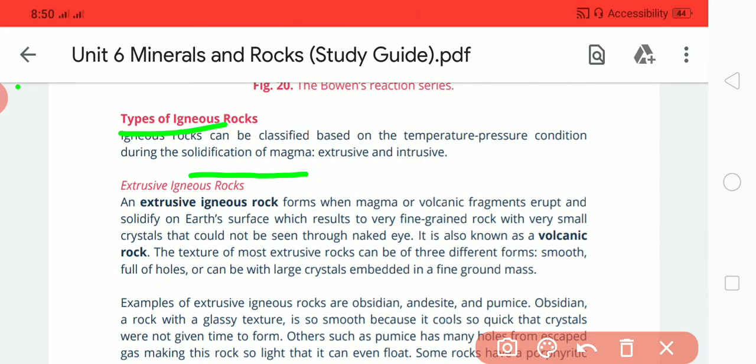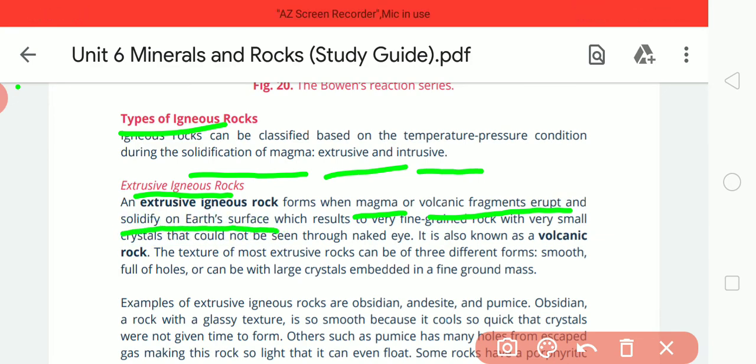So we actually have extrusive and intrusive. Now, extrusive igneous rocks form when magma or volcanic fragments erupt and solidify on Earth's surface, which results in very fine-grained rock with very small crystals that cannot be seen with the naked eye.